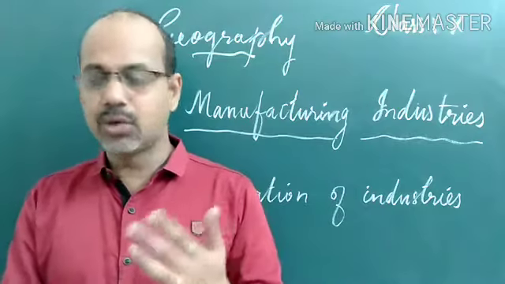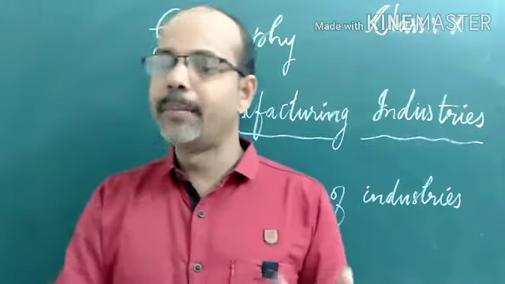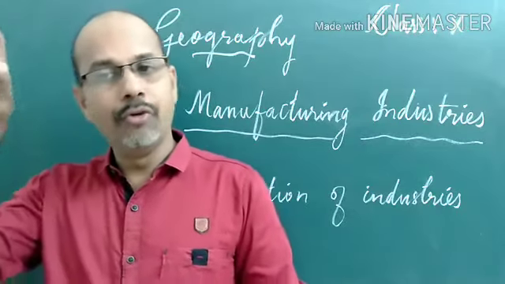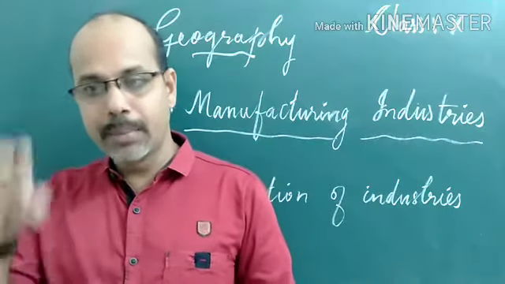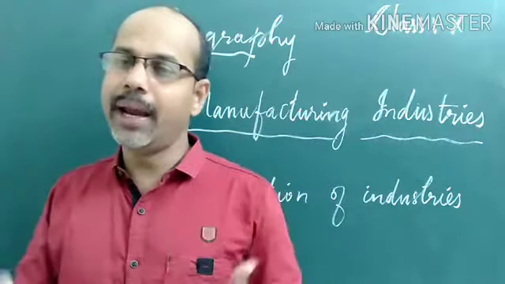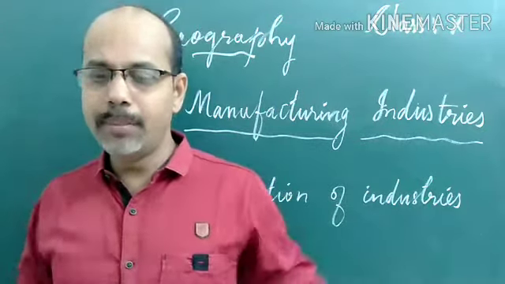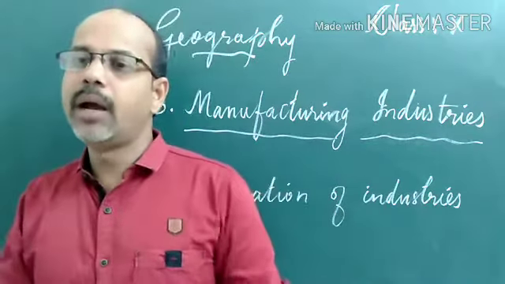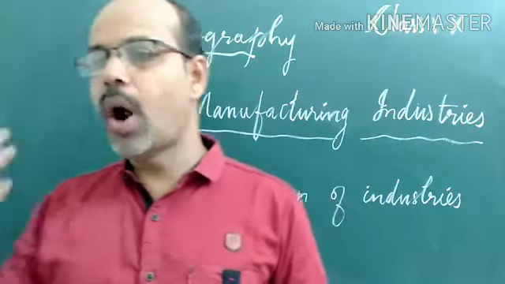Suppose the one who invested 10 lakhs gets 10 percent of the share. Another person who invested 50 lakhs gets 50 percent of the share. The profit earned is divided between all the members according to the quantity of share they have invested.